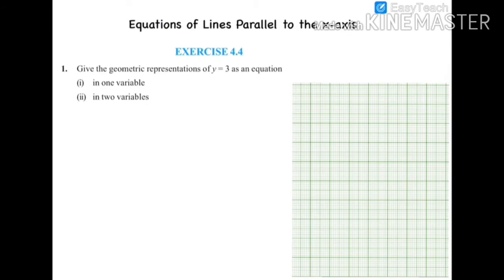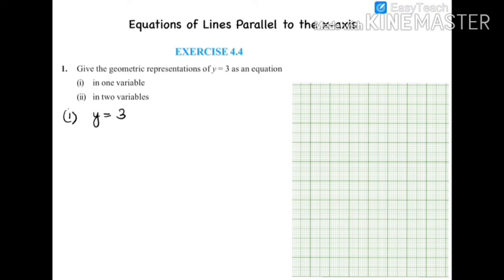Now what type of equations will represent lines that will be parallel to the x-axis? Let's understand this by answering the first question of exercise 4.4. Give the geometric representation of y equal to 3 as an equation in one variable and in two variables.